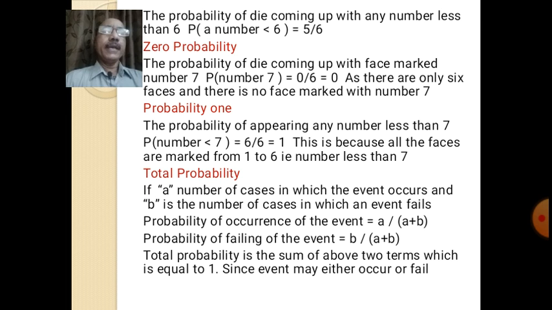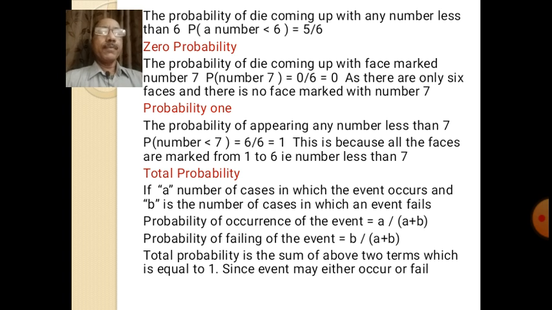There will not be any face marked with 7 dots. So, the probability of a die coming up with a face marked number 7 is 0. It is not possible, as there are only 6 faces and no face is marked with number 7.